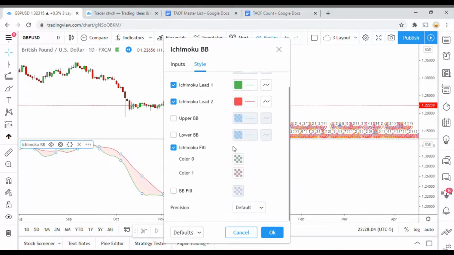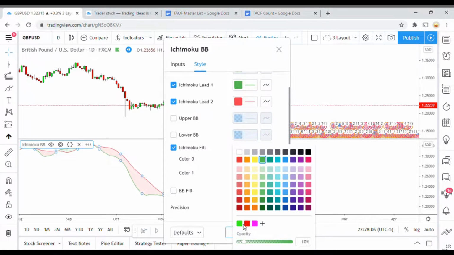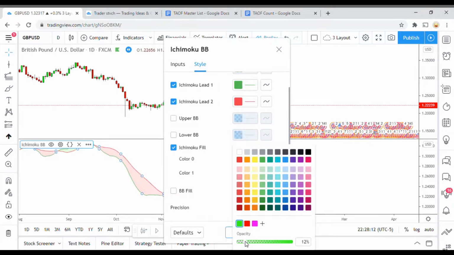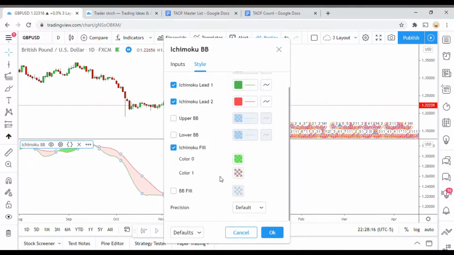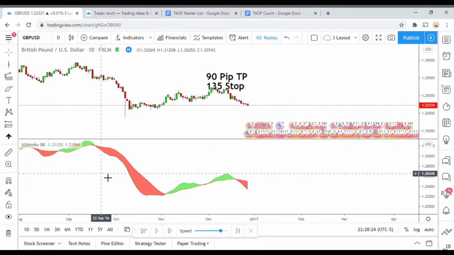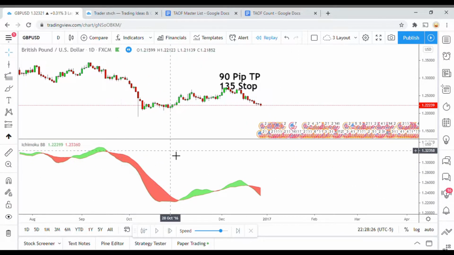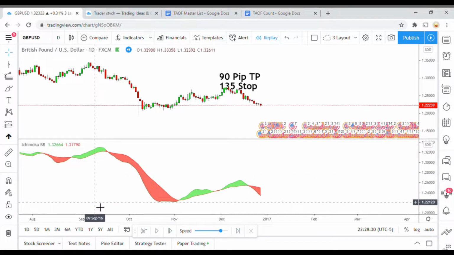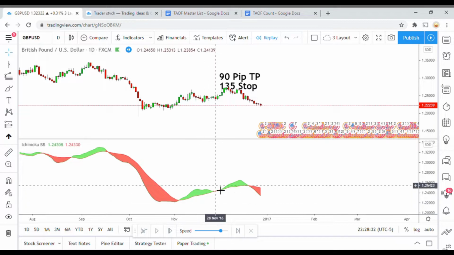I am also going to change the colors a little bit, and bump up their visibility to, say, 60. There we go. All right, so now we can see things a little bit more clearly.